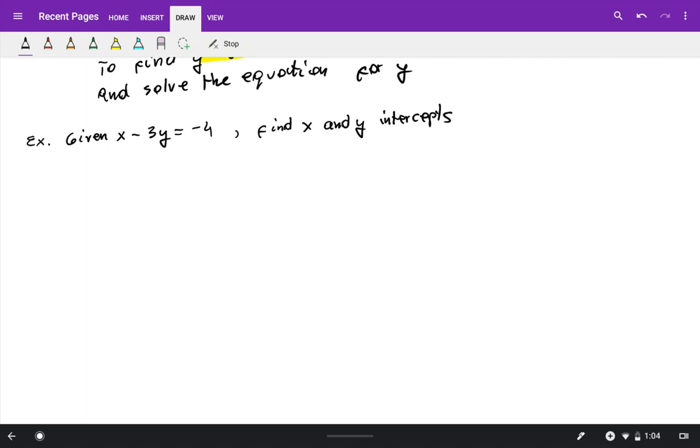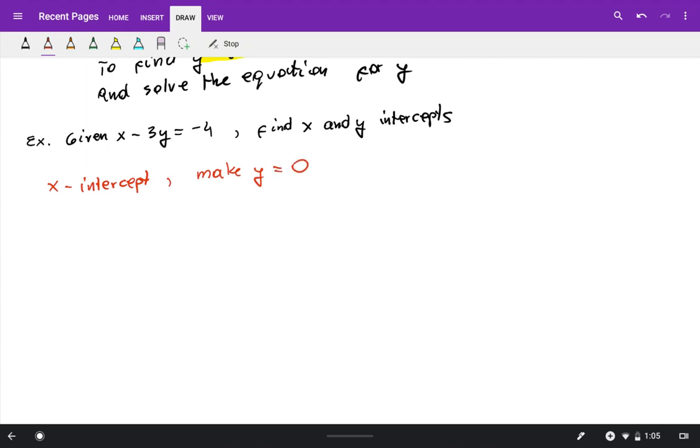Okay. So let's start with finding x-intercept. So again, x-intercept. How are we going to do it? We're going to make y equal 0.